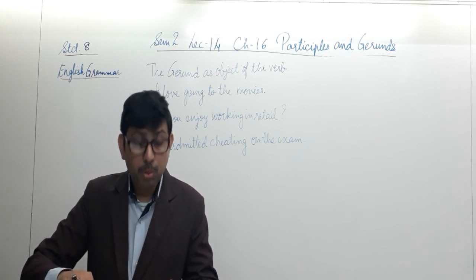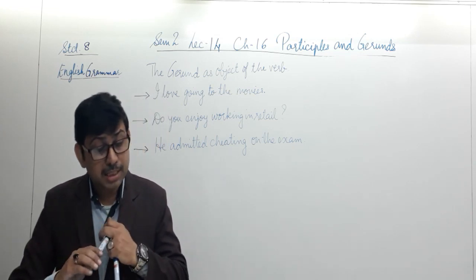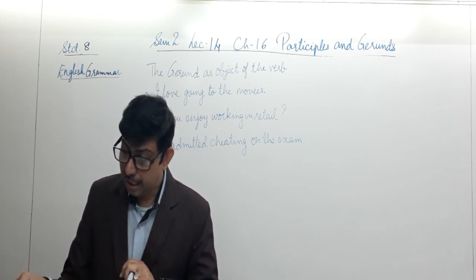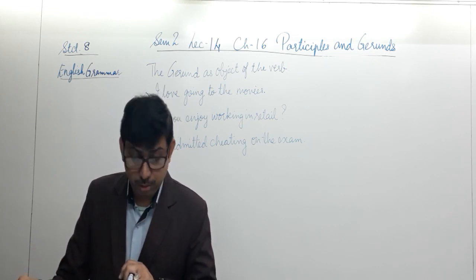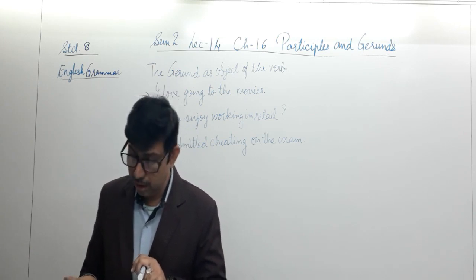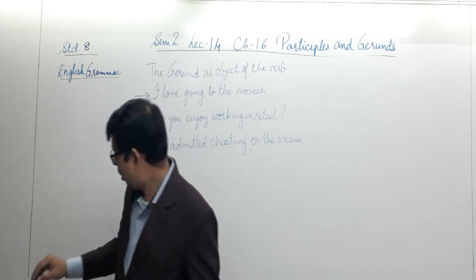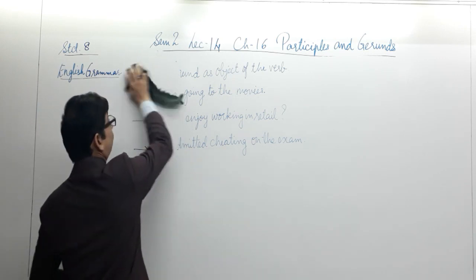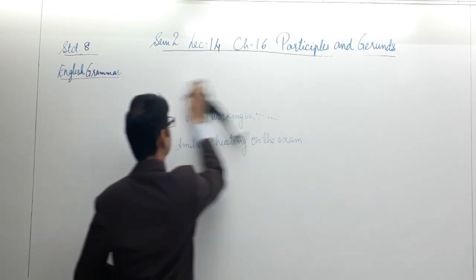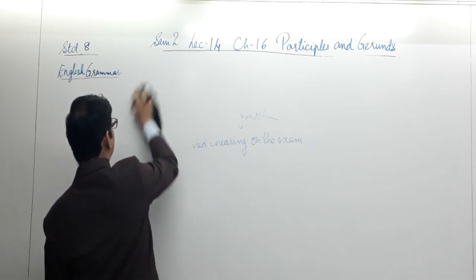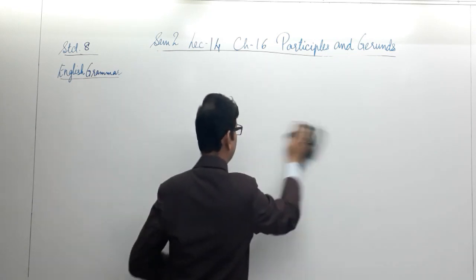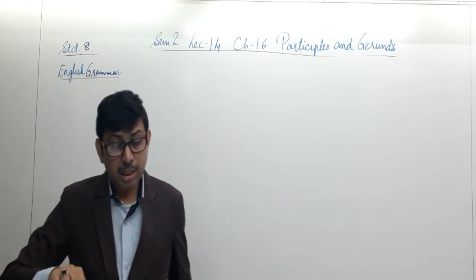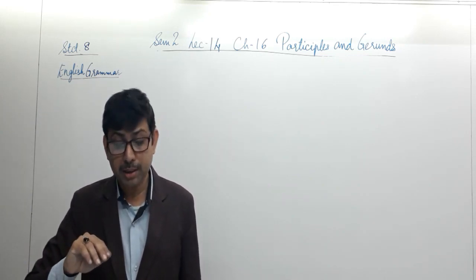So come to page number 136 where we have exercise C to perform, followed by exercise D and exercise E, the fun task given to us. Let's do these very quickly on the board. Exercise C. Replace the infinitive in the following sentences with a gerund.